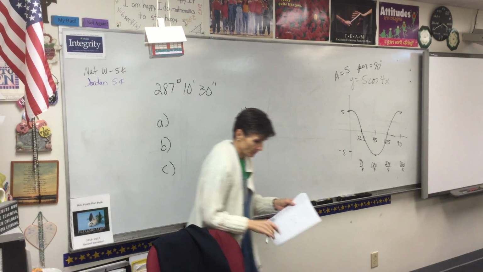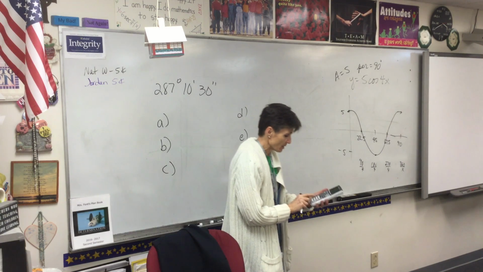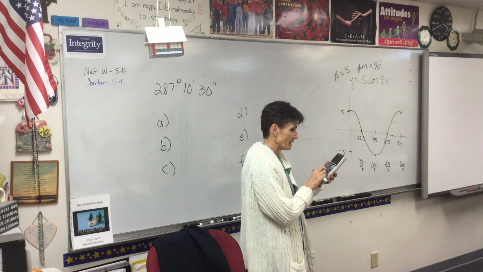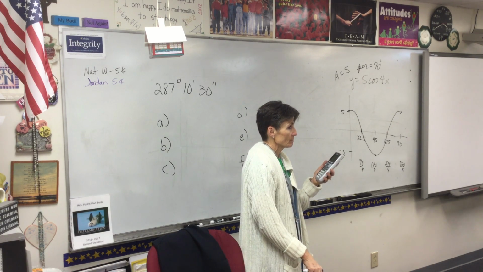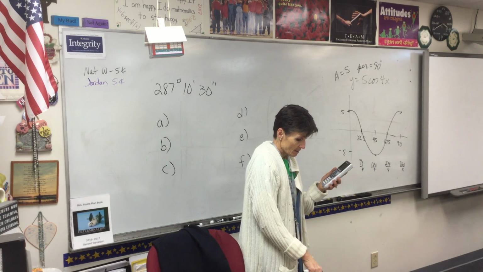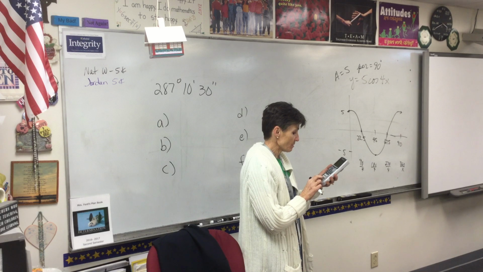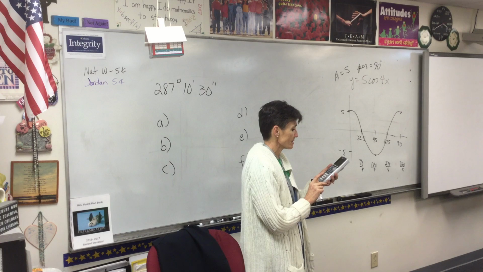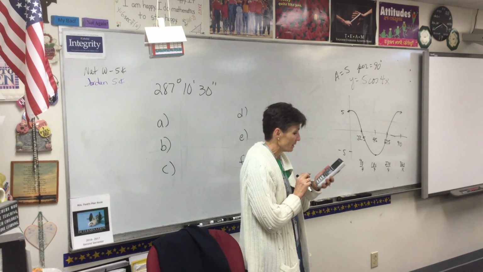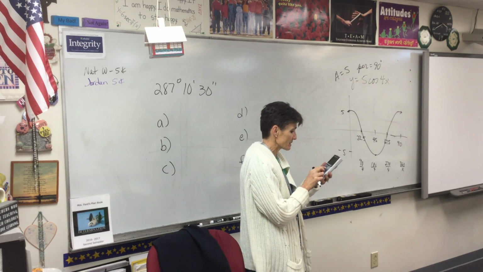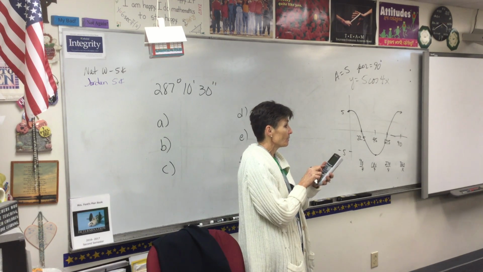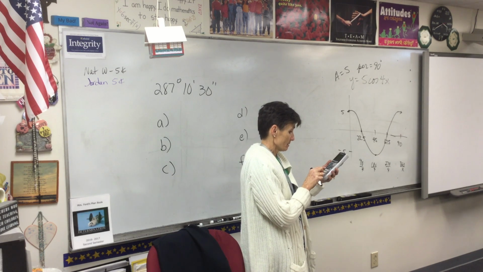So that's B. How do I type a cosecant into my calculator? 1 divided by sine. 1 divided by sine. Right, Corey, get your head up. 1 divided by sine 183, second apps, degrees, 21, second apps, click down to minutes, and 3, what?